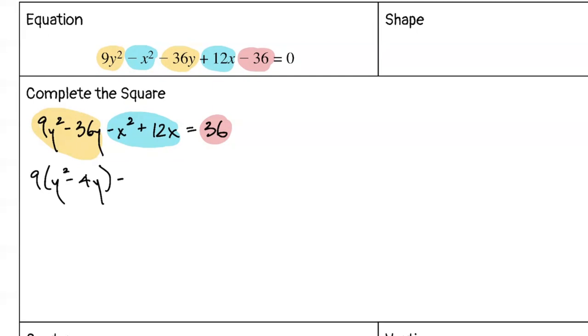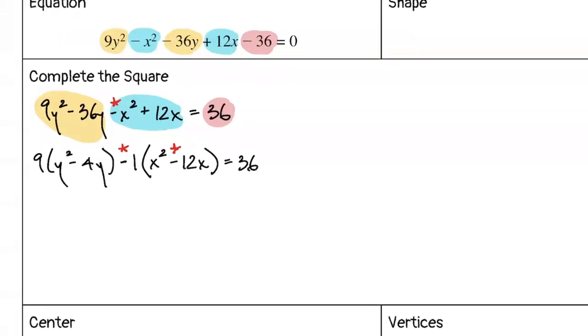Yeah, I'm going to have a -1. And what goes on the inside here? X squared plus 12 or minus 12x. Yeah, there we go. Right, so this minus sign, we got to be careful about all our signs all the way through. Okay.